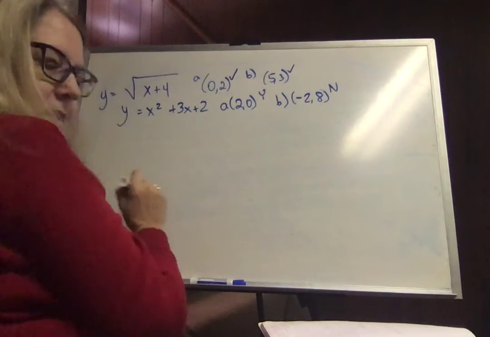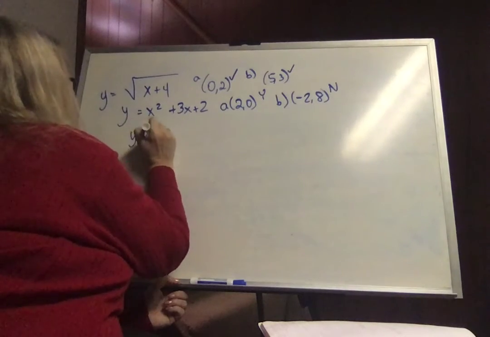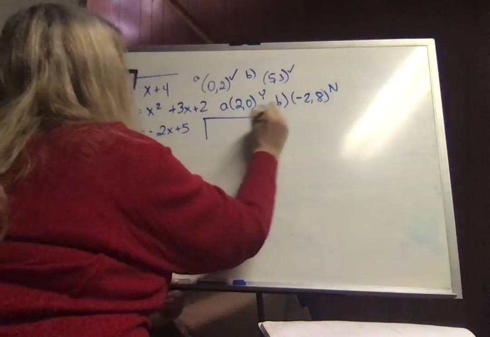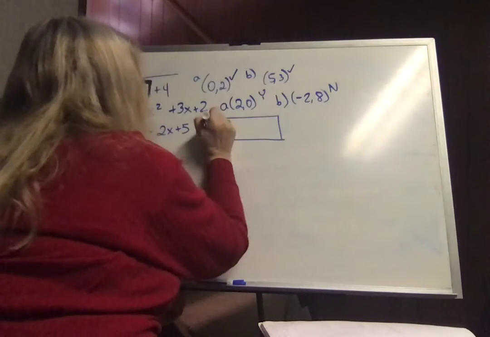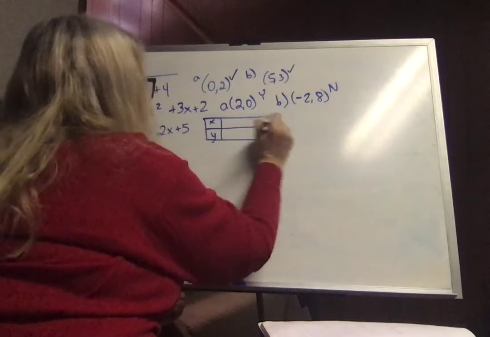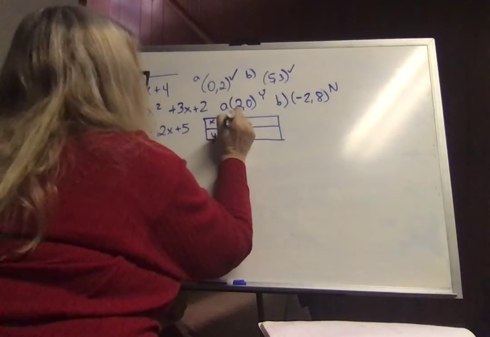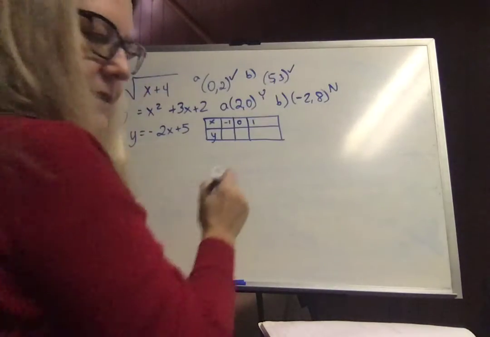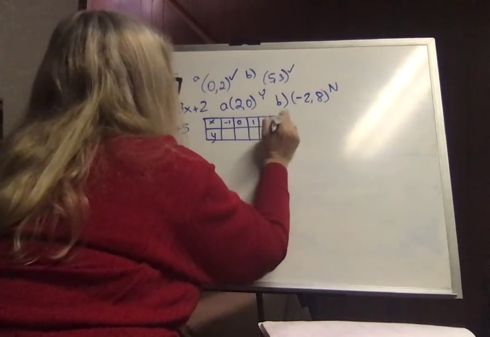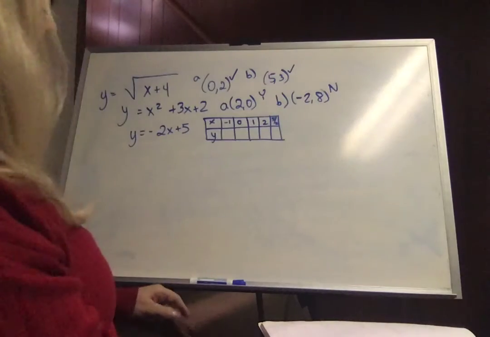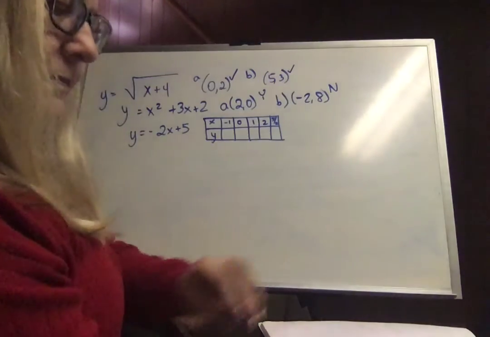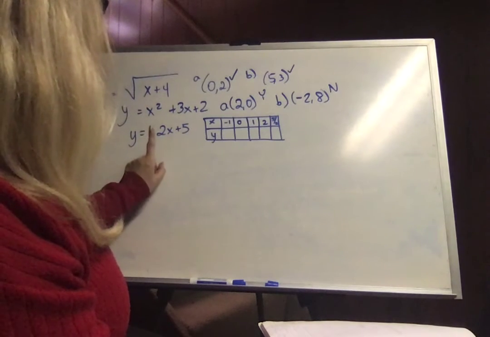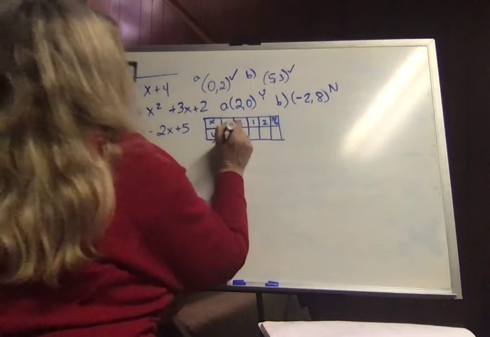The next type, they will give you an equation like y equals negative 2x plus 5, and they'll give you a graph to fill out. They'll give you the x's, and you'll find the y's. Like negative 1 for x, and 0, and 1, and 2, and 5 halves for x. So the same type of thing, you plug it in. If negative 1 is x, negative 2 times negative 1 is positive 2, plus 5 is 7.